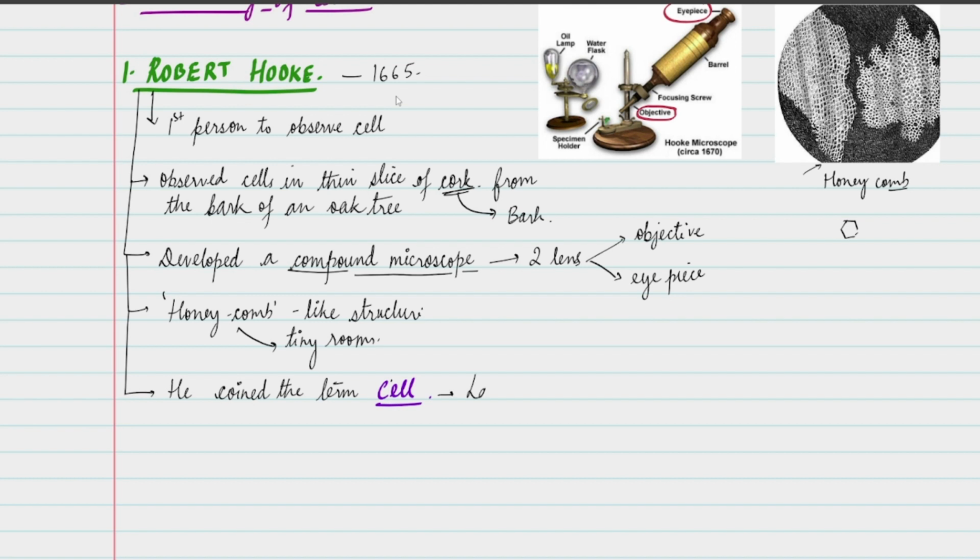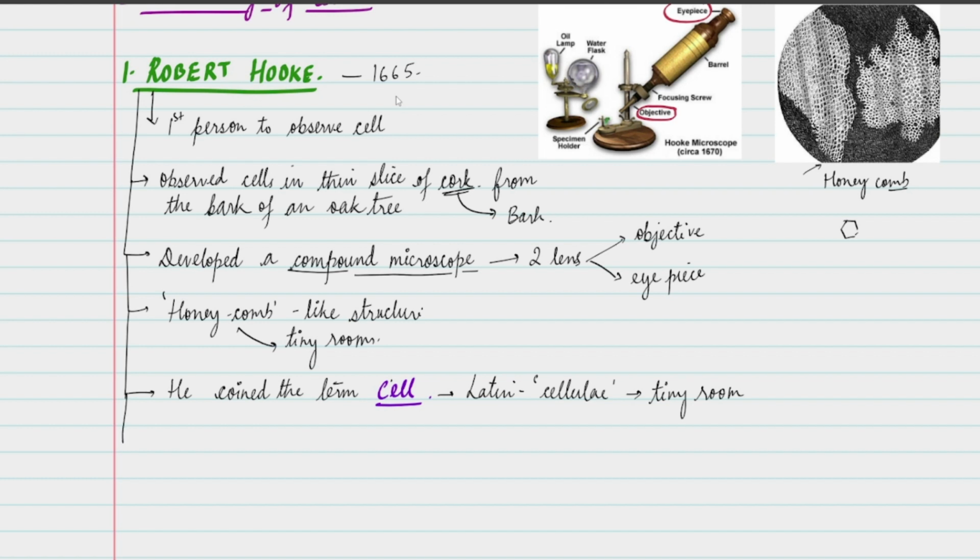Cell comes from the Latin word cellulae, which means a tiny room. A tiny room that reminded him of the monks living in a monastery. So he called it cell.